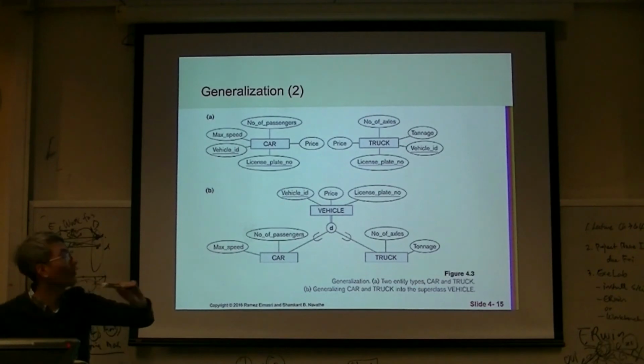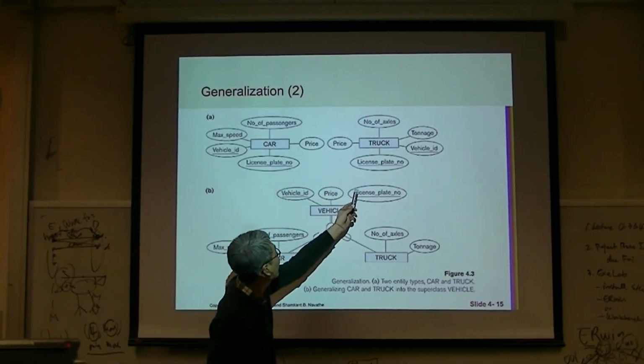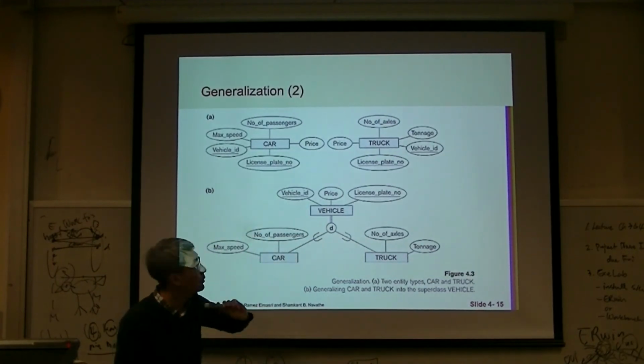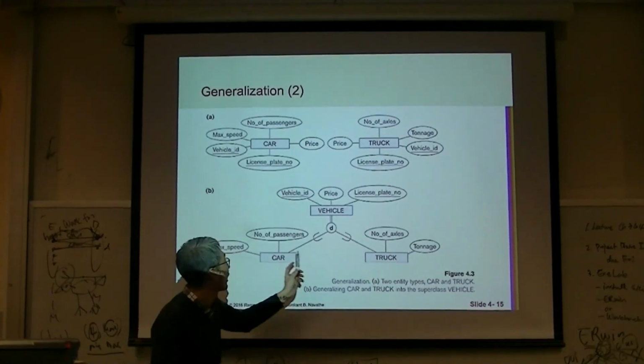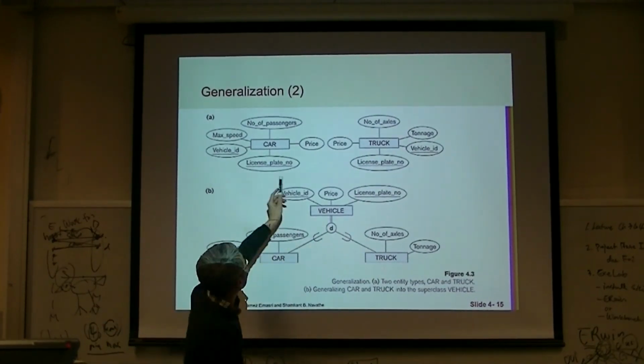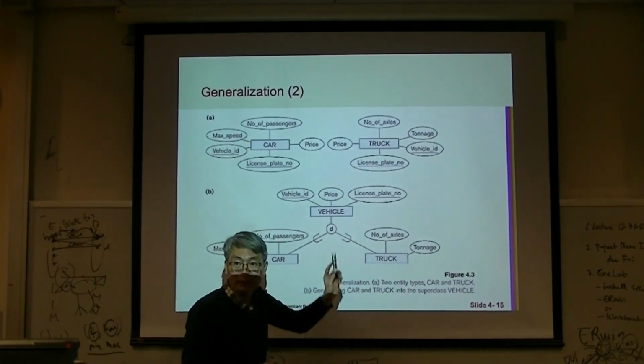So you can generalize into the vehicle. Then the vehicle ID, license plate number, is a key attribute. It's a common attribute for the superclass, and you can create the subclasses. You can see the disjoint because it is either car or truck. Also this is mandatory.